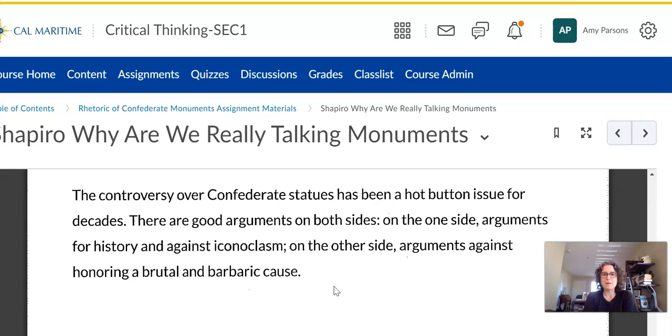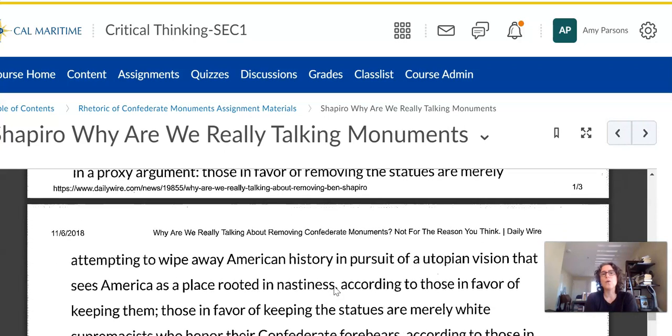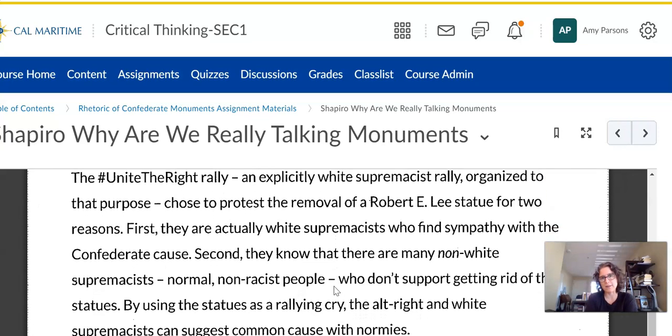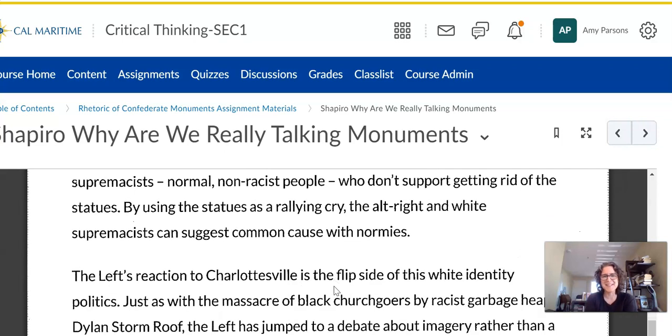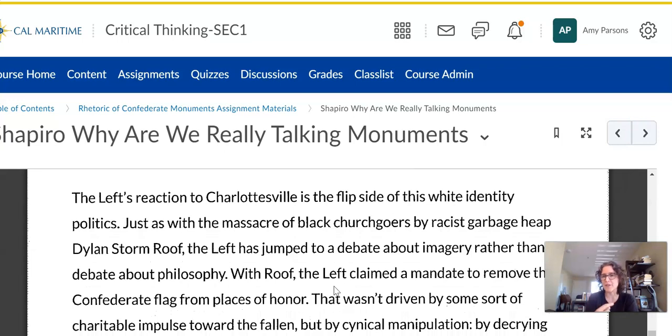And he even acknowledges that there's good arguments on both sides, which is great. He's saying, look, this is complicated, but here is what has happened. The national debate has become this other thing, right? Where white supremacists and self-righteous lefties use this issue to score points on each other rather than really dealing with the issue.